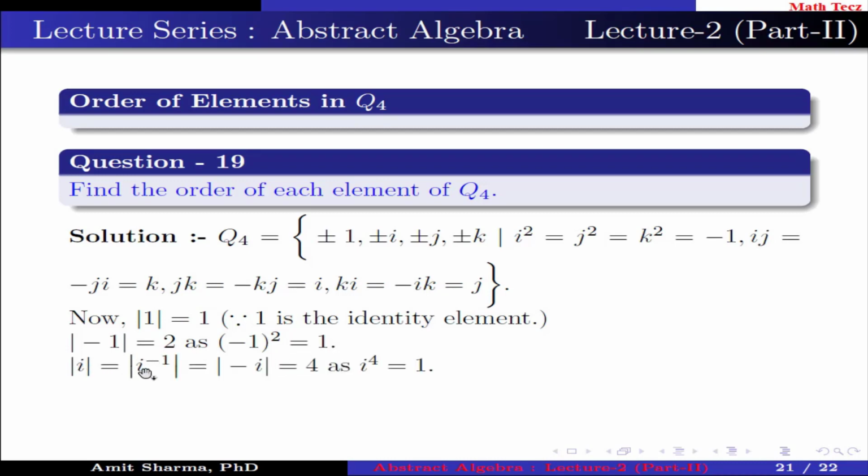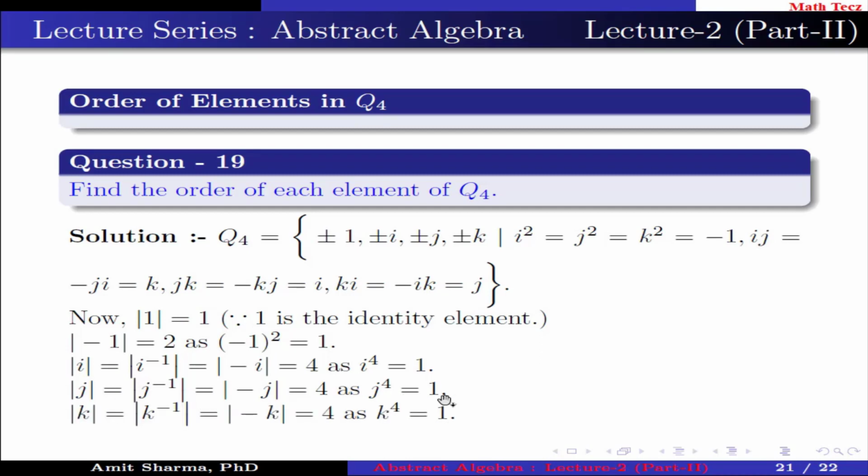Order of i equal to order of i inverse. Now what is i inverse? This is equal to minus i, means order of i equal to order of minus i, which is equal to 4 because i raised to the power 4 is 1. Order of j equal to order of j inverse. Now j inverse is minus j, means order of j equal to order of minus j, which is equal to 4, as j raised to the power 4 is 1.